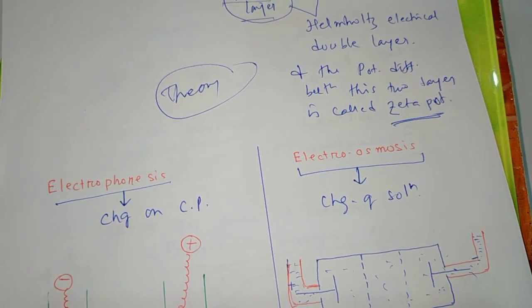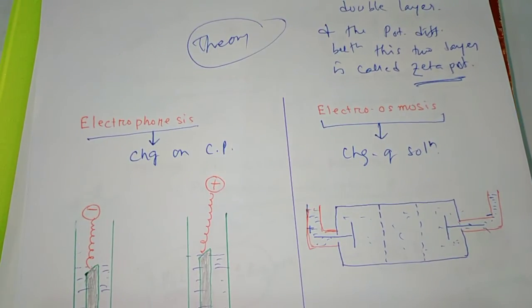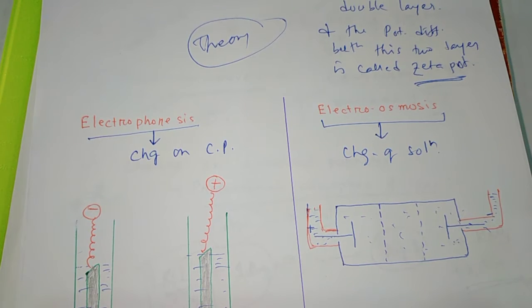So student, you make it clear, when your silver iodide salt is prepared, it will either adsorb positive, so that it becomes positively charged, and in that case the solution remains negatively charged.